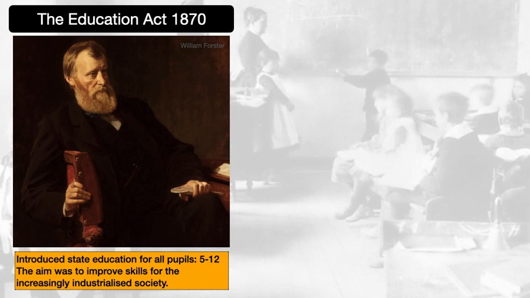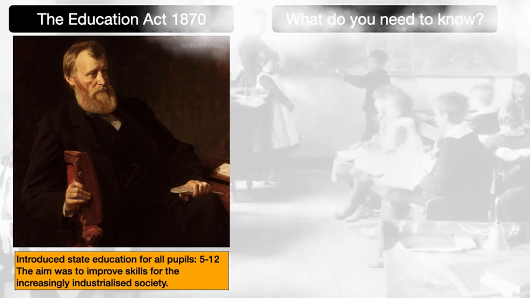The aim was simply to improve skills for an increasingly industrialised society, to make sure that the people of the society were ready for work. So if this is our starting point, what are we going to need to know throughout the rest of this lesson?